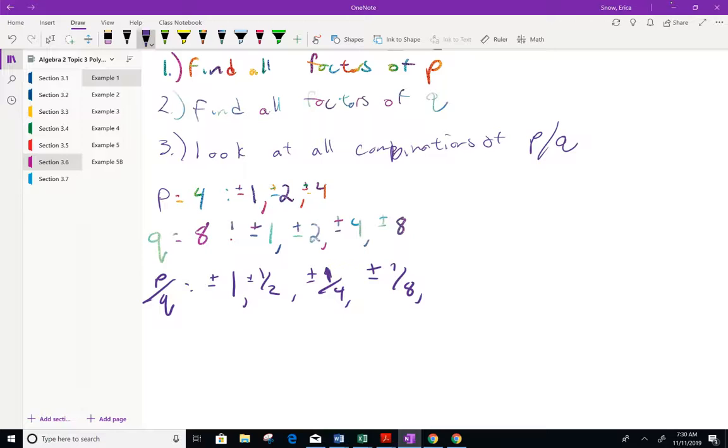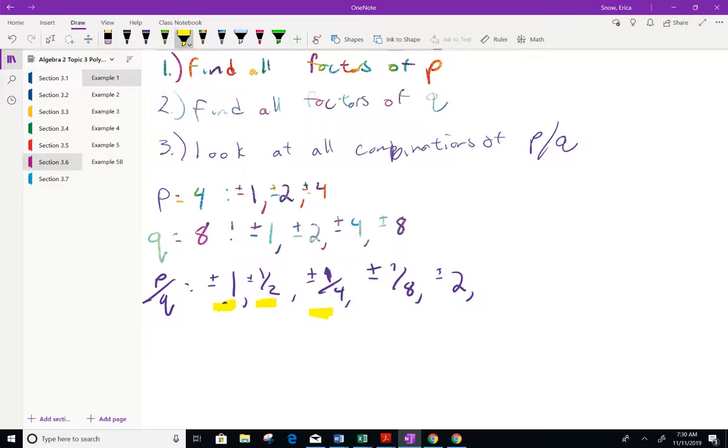Then we take 2. 2 over 1 is 2. 2 over 2 is 1, and we've already got that here. So 2 divided by 2 is 1. 1's already in our list, so we don't have to list it again. 2 over 4 is 1/2. That is also already in our list. And 2 over 8 is 1/4, which is also in our list.